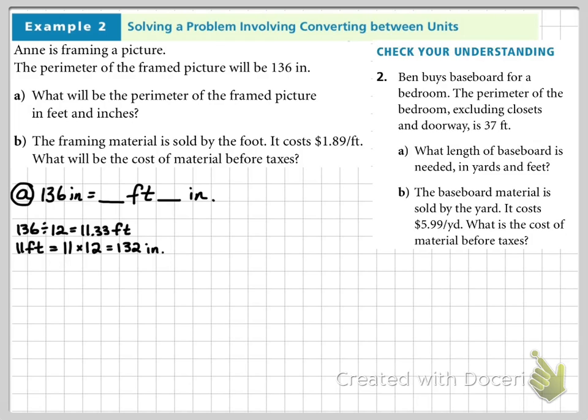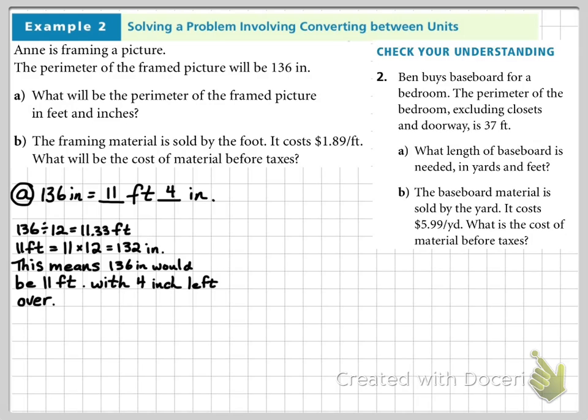So 132 inches of my 136 inches is going to be used up by my 11 feet. So I can say my answer is going to be 11 feet, which is going to leave me with 4 inches left over. So there you have it. 136 inches is 11 feet, 4 inches.